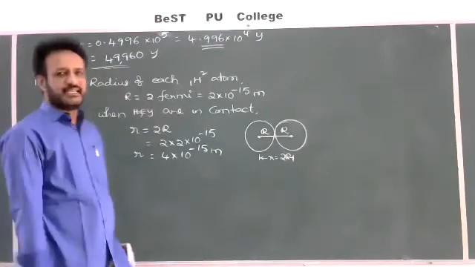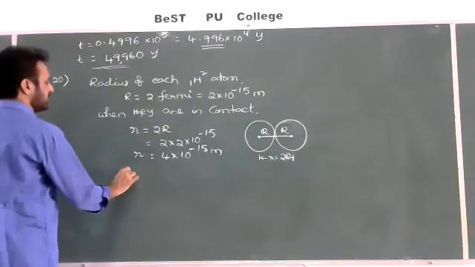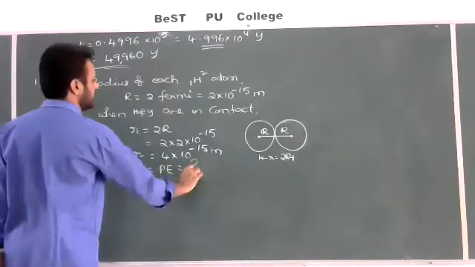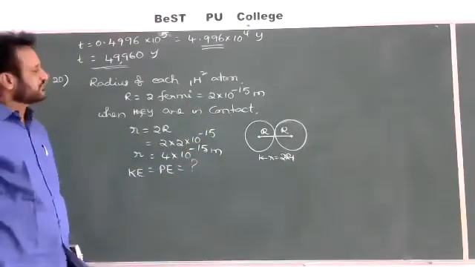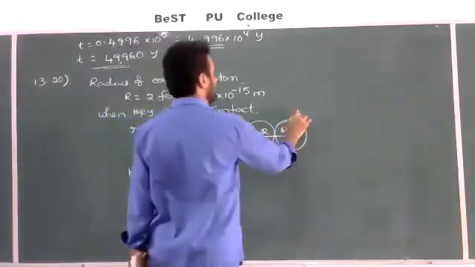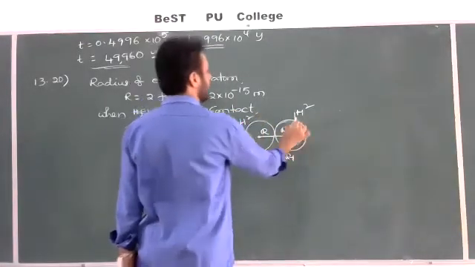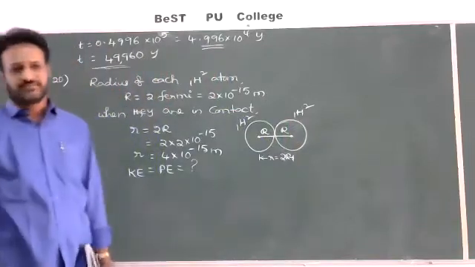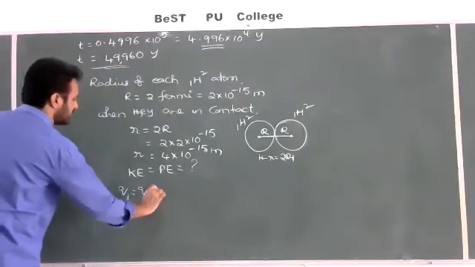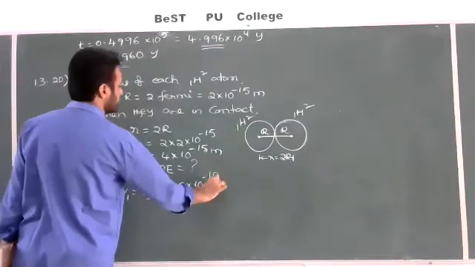Now we need to calculate the height of the potential barrier. The height of the potential barrier means generally the total kinetic energy is in the form of electrostatic potential energy, which you should calculate. 1H2 means the charge is equal to the charge of the proton, so write Q1 equal to Q2 equal to 1.6 into 10 to the power of minus 19 coulomb.